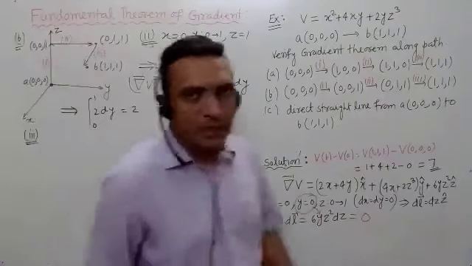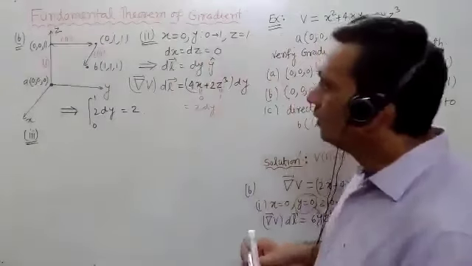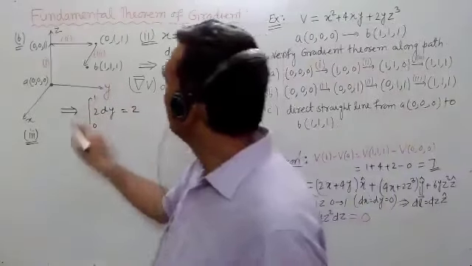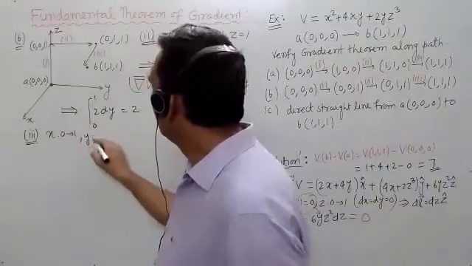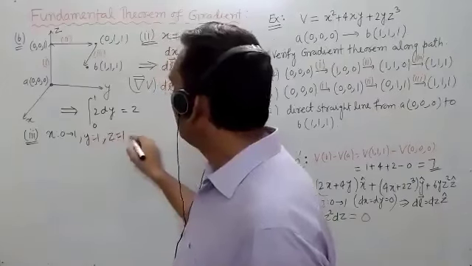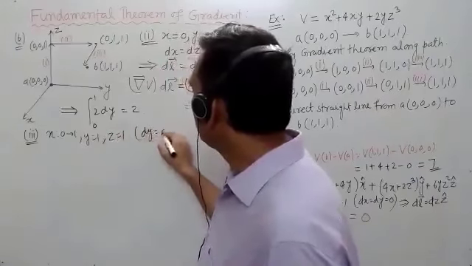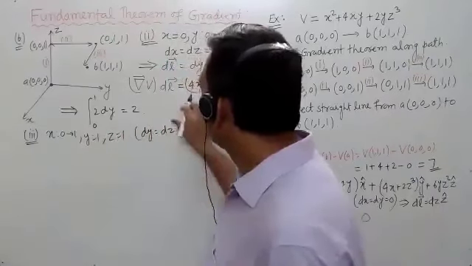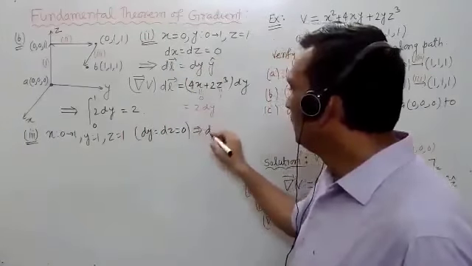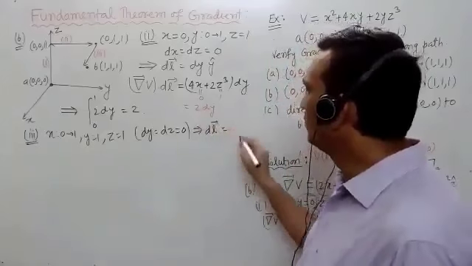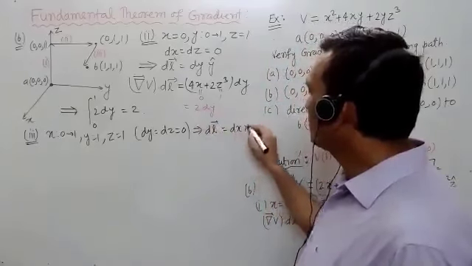Now segment 3. In segment 3, x goes from 0 to 1, y is 1 and z is 1. So dy and dz must be 0, and dl is dx x cap.